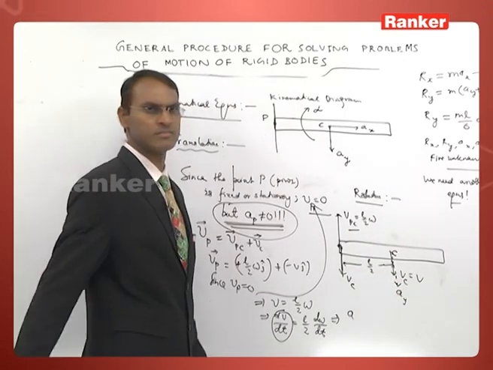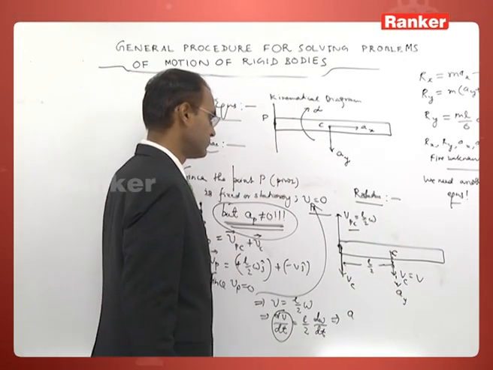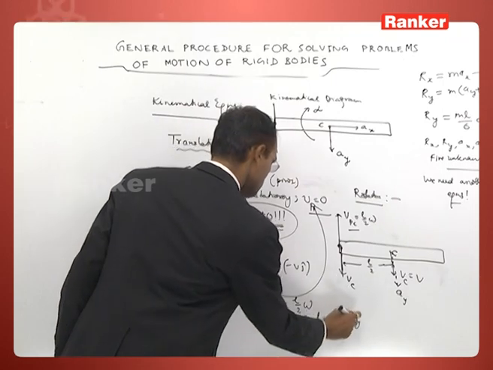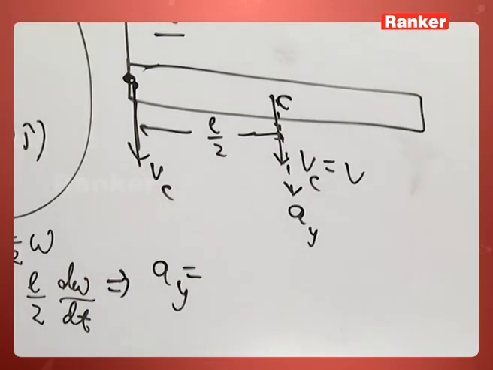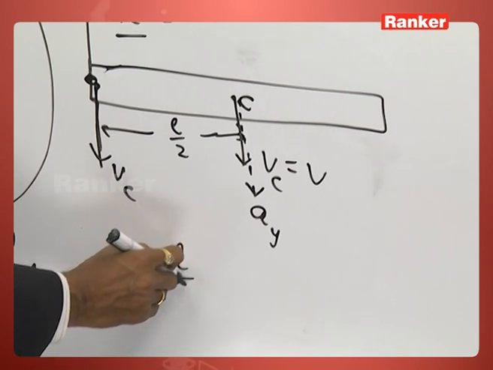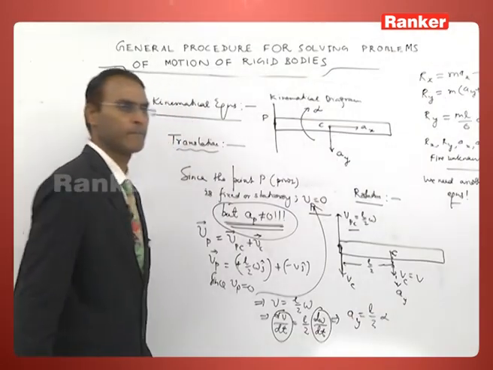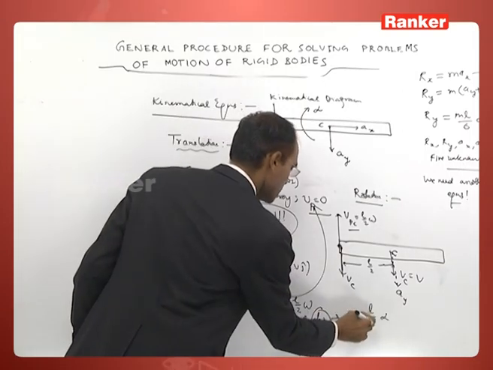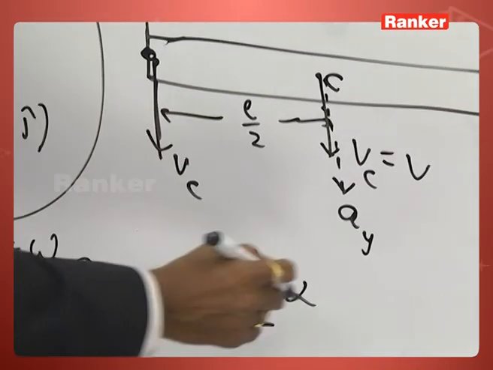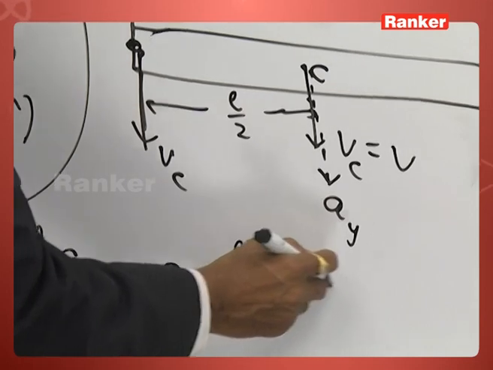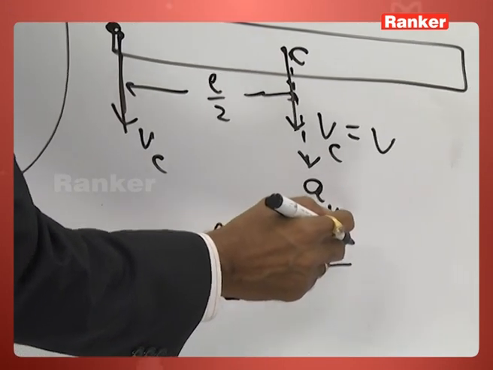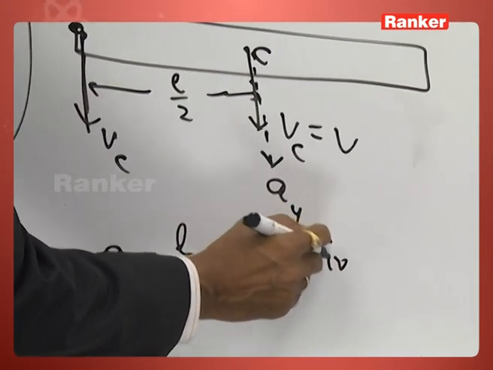In y direction. Is equal to L by 2 into d omega by dt, that is alpha. This is one equation we are getting, and name it the fourth equation.